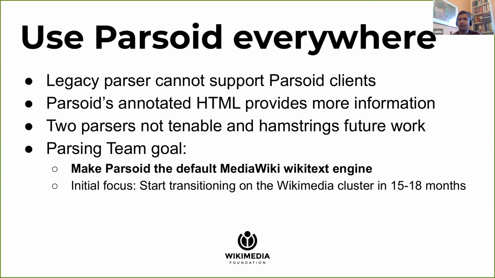We'll probably discover a lot of problems and compatibility issues as we start doing this replacement. But that's the initial focus. Even at that time, MediaWiki will continue to have both Parsoid as well as the legacy parser. Eventually, as we move on, we may get rid of the legacy parser altogether, but I can't tell you how long out that is at this point.